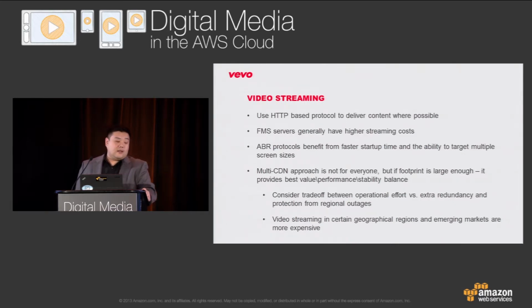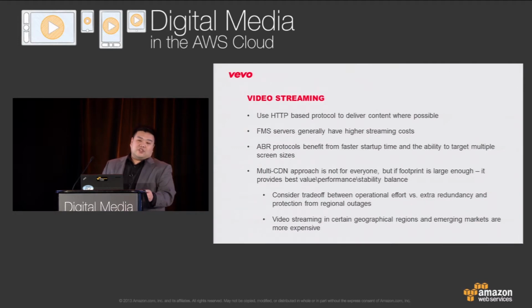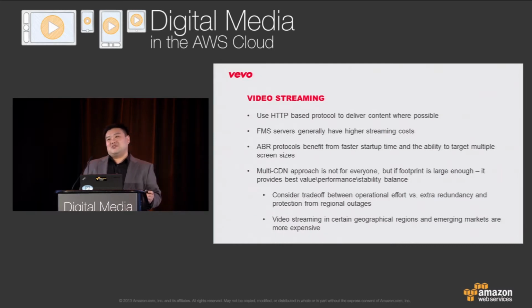And with adaptive bitrate protocols, you get the benefit of faster startup time. As an example, our HLS encodes can start as low as a 64K audio-only stream and scale all the way up to a 4.5 megabit video encode that would look great on an 80-inch television, let's say.